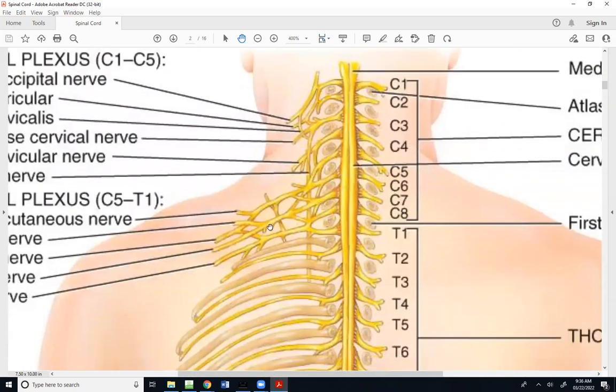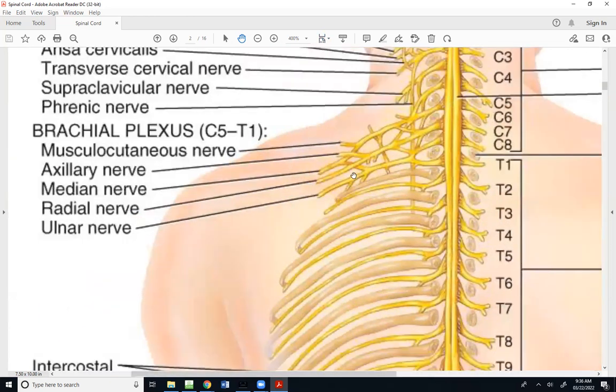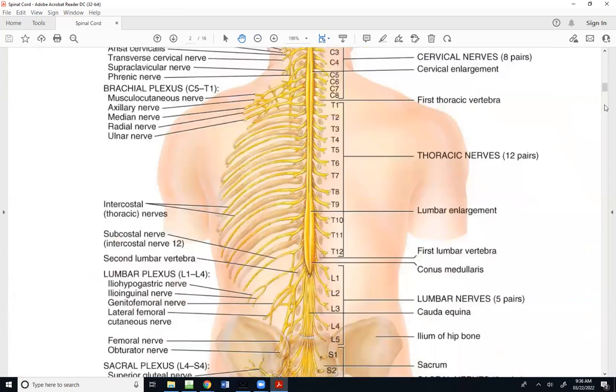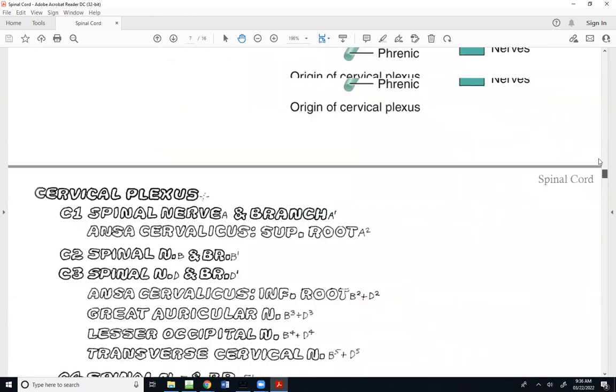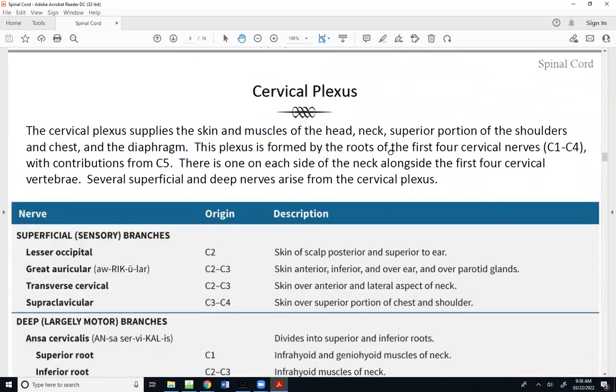Looking at the brachial plexus, you can see C6, C7 coming out and then coming together. So instead of forking away from one another, they converge. Eventually coming off of that network are nerves, and you can see listed here under the brachial plexus are these 5 nerves. That's what we're going to transition to talking about right now, beginning with the cervical plexus.